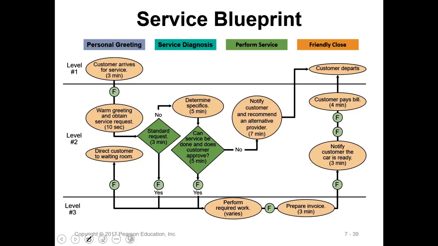When you go to Toyota's service or Walmart's auto service, first the customer arrives. That's the first level. When you arrive, normally there will be a ding dong from the door, which will get the receptionist's attention.